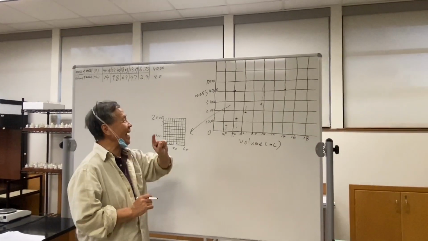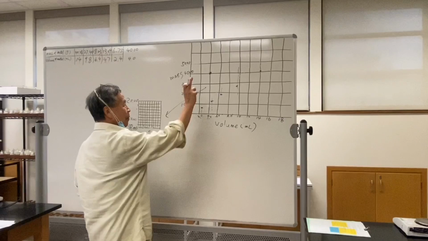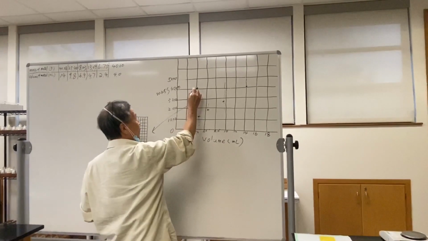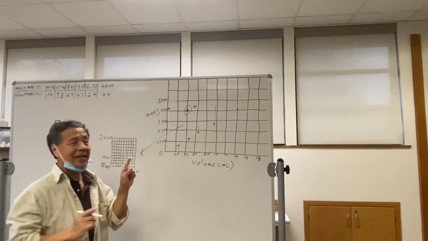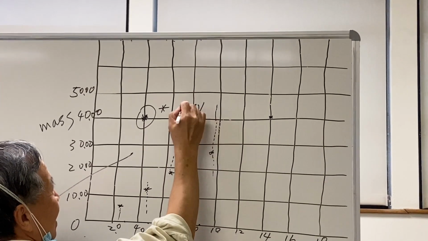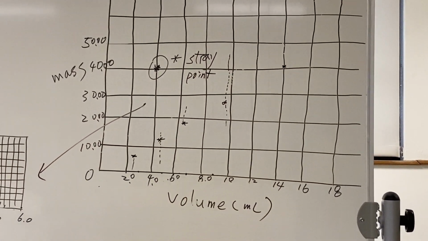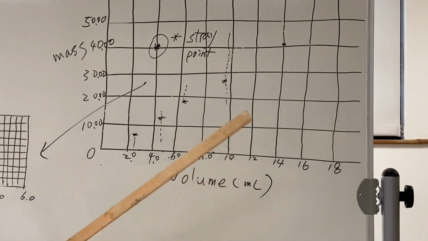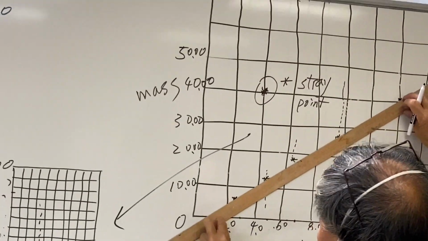But you cannot arbitrarily eliminate it. You must keep it, but indicate it's a stray point. The stray point is indicated with an asterisk sign, and each data set can have only one stray point.